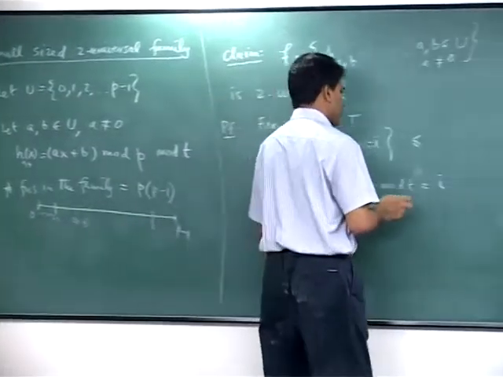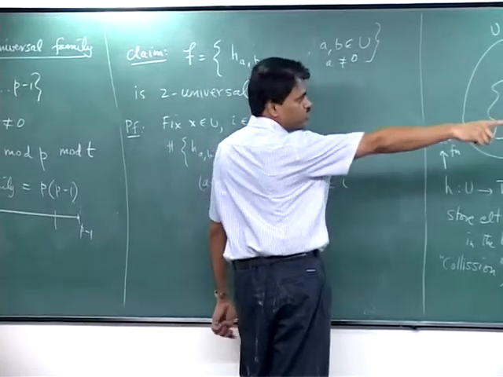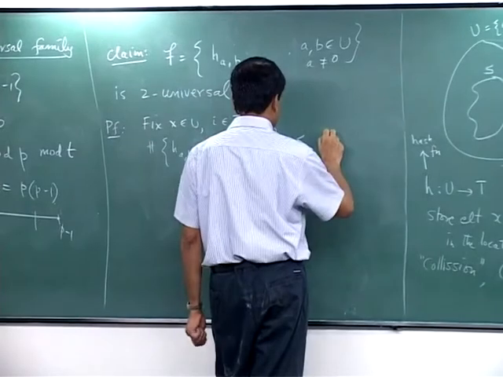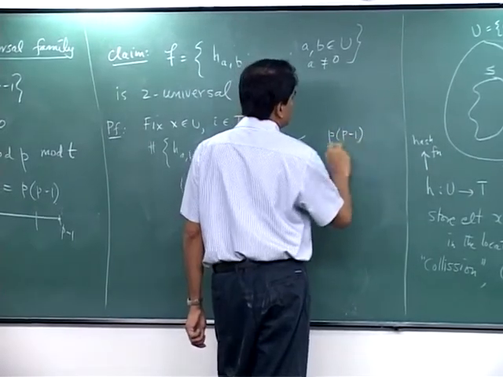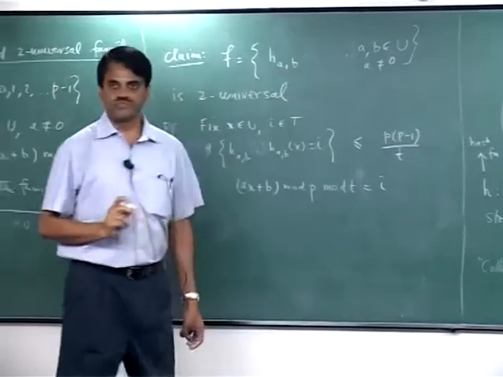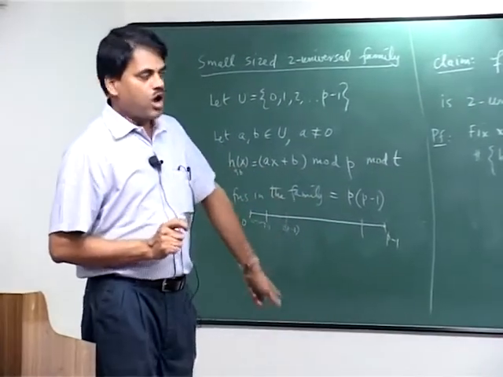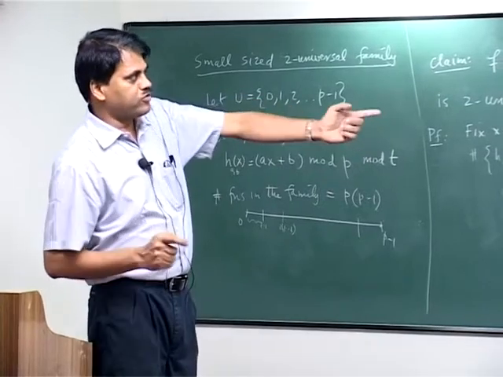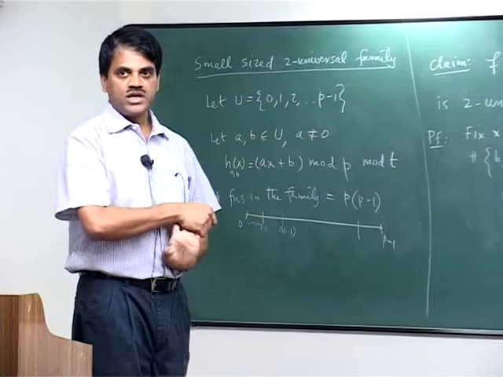Let's write this down, then we work backwards. What I want to show is that at most 1 over t of these functions do this. Total number of functions is p into p minus 1, out of which I want to show the claim of 2-universal: the first property is that 1 over t of these functions does this.